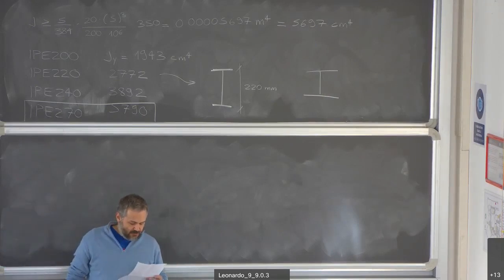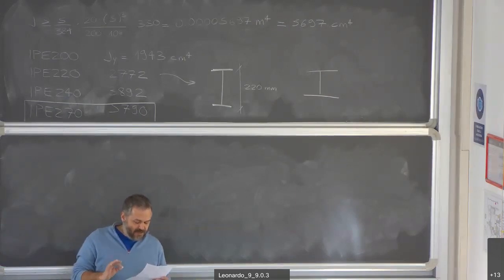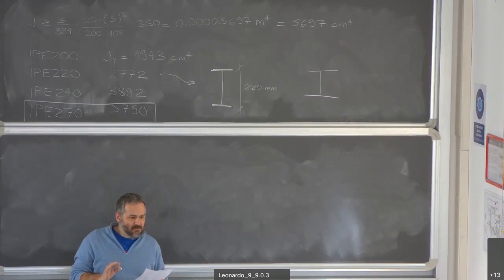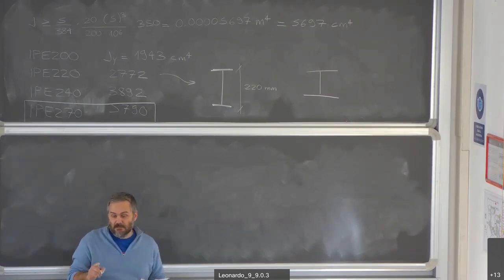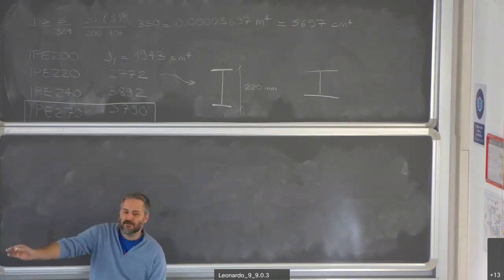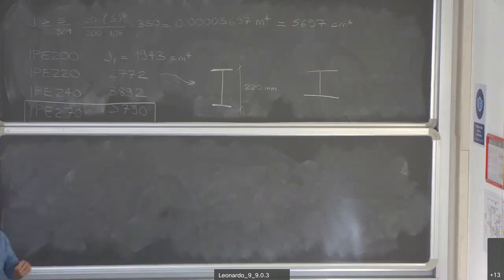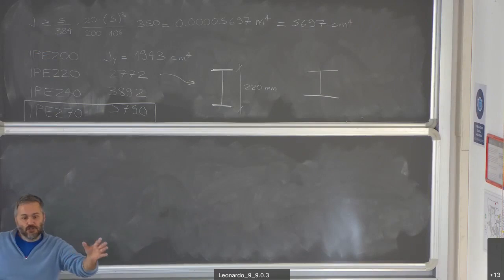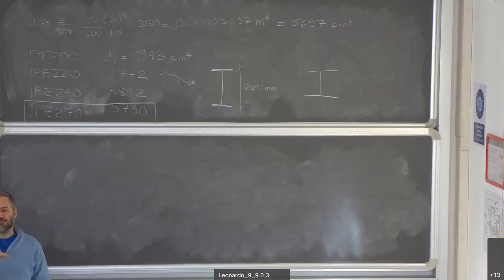The second task, which was task D, said: check the bending capacity of beam BC, the second one, at the ULS. So it's talking now about ultimate limit states, which is a totally different story. Here we design for displacements. As she pointed out, we want our structure to be usable.